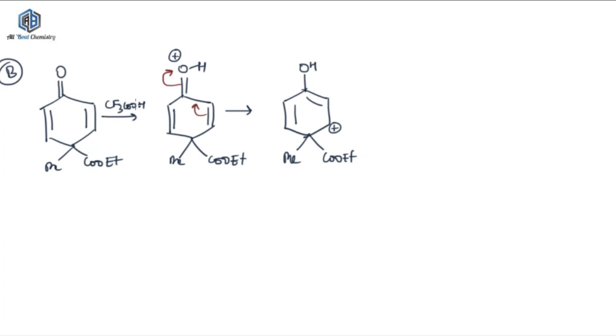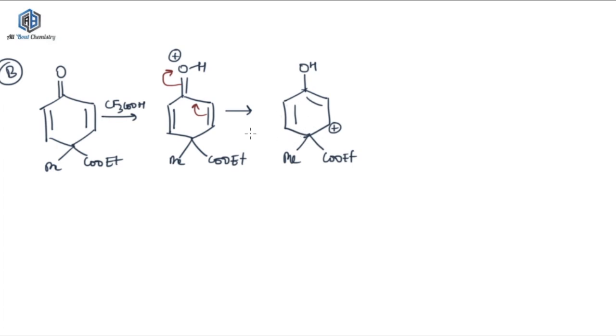Now the first step will be same, proton abstraction by this oxygen, then rearrangement in this way that you have a double bond in this ring and a carbocation formed in the ring, right? So this was happening in the previous reaction also, so I have just written this up to here. Now the main thing starts from here.